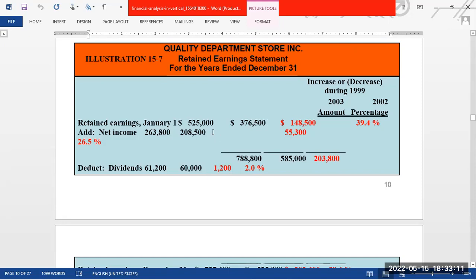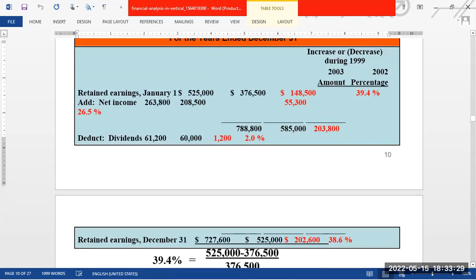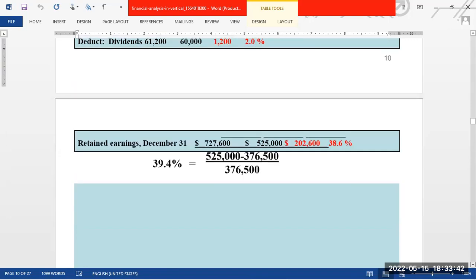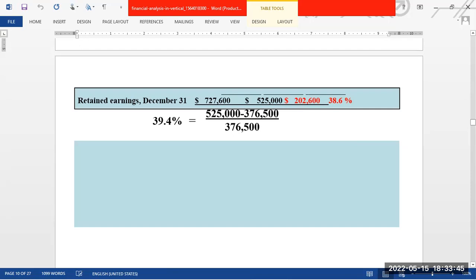You get the difference between the figure of retained earnings here and the figure of retained earnings here. Then you divide by the base here, which will give you 39.4%. You can see, as simple as that. You just take the current year minus the base year, divided by the base year. You're supposed to get 39.4%. And that is all to do with horizontal analysis.